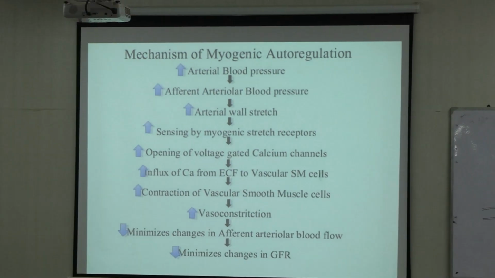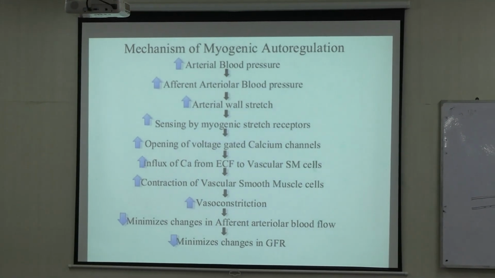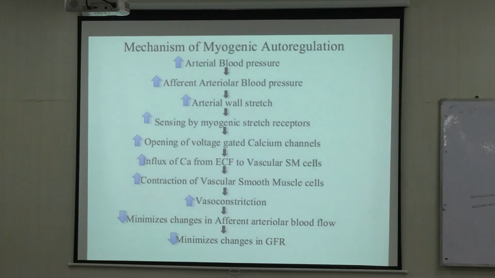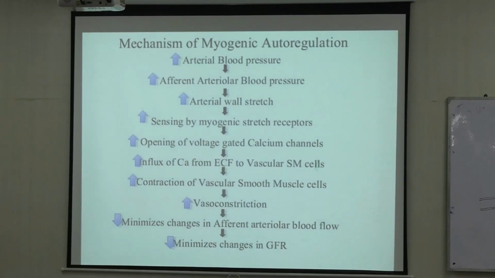See the sequence. Note the sequence. Go through it. Increased blood pressure. Afferent arteriolar blood pressure will be increased. The arterial wall will be stretched because of that. Sensing by myogenic stress receptors. Then there will be opening of the calcium channels.